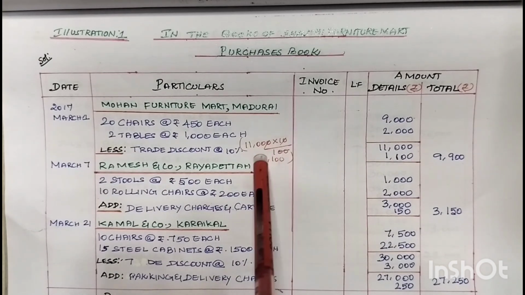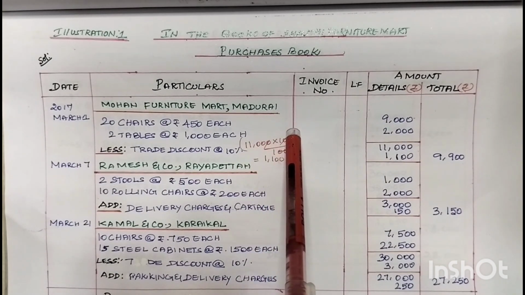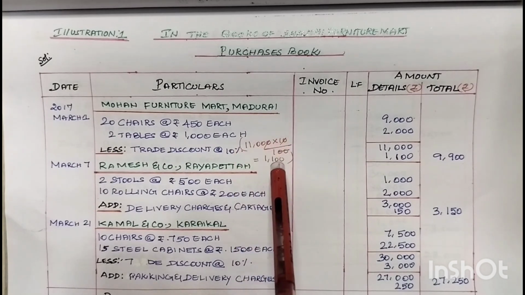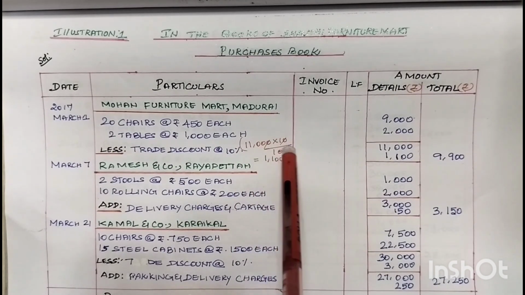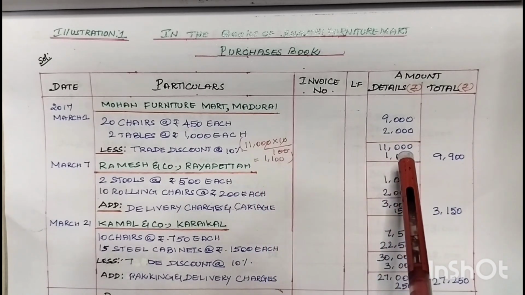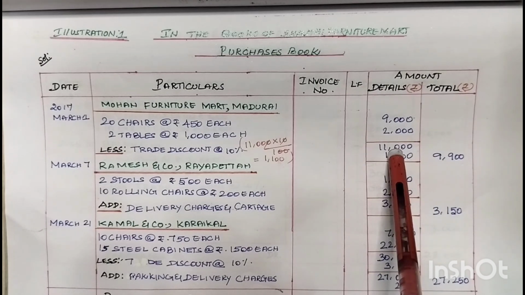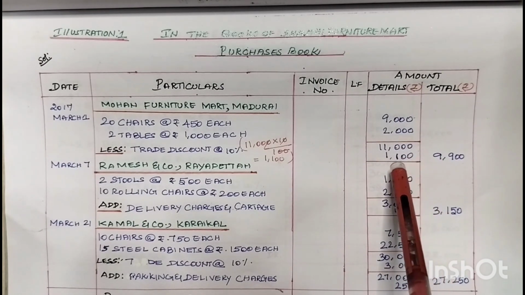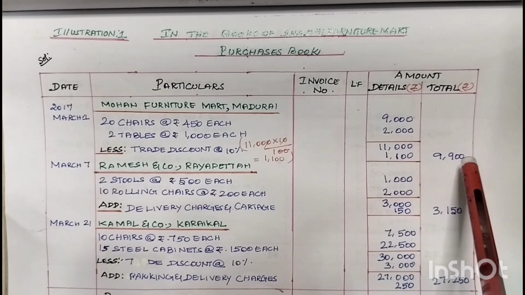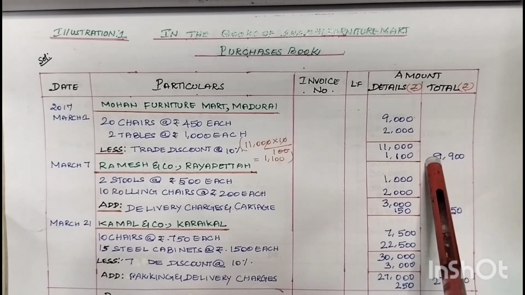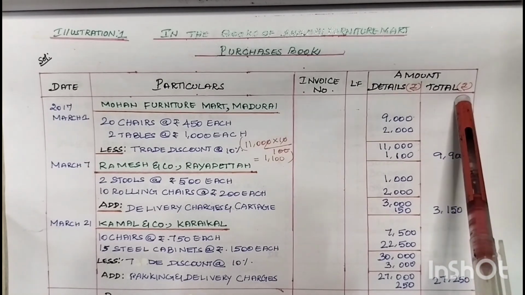So then you have to cancel it and you get the 1,100 rupees. This is the trade discount. Then you have to deduct that 1,100 rupees from the total values. So what you get? You got 9,900 rupees. You have to enter that 9,900 rupees into the total column.